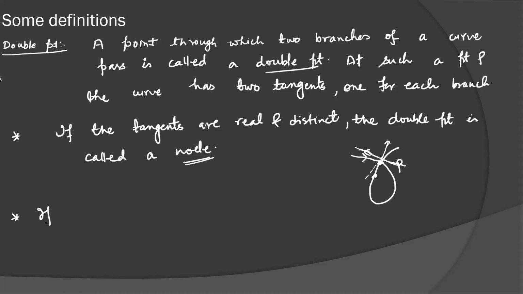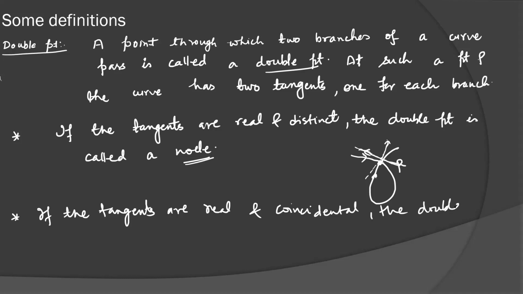Second case: if the tangents are real and coincidental, the double point is called a cusp.